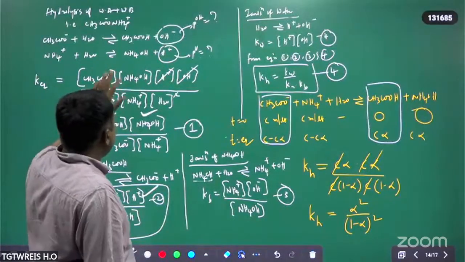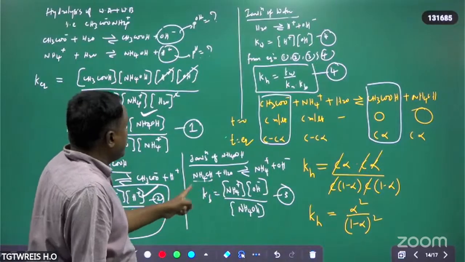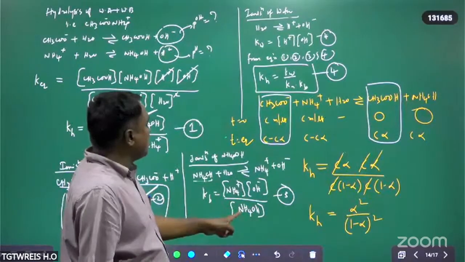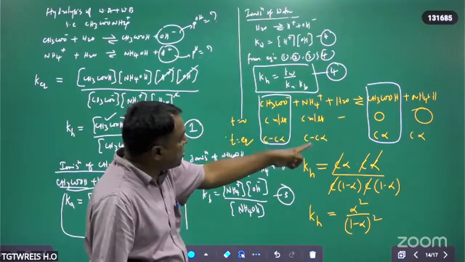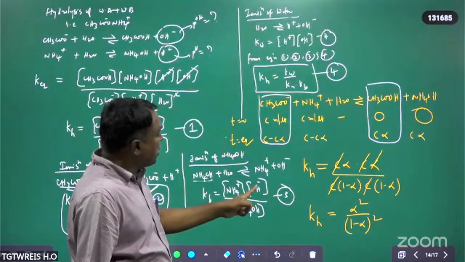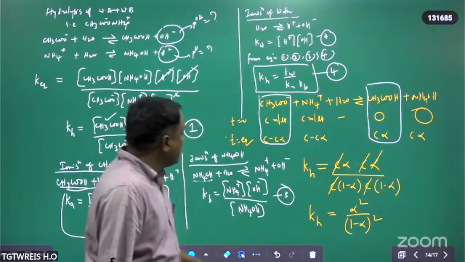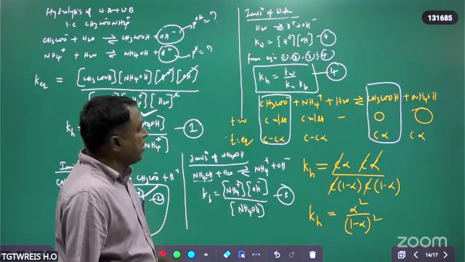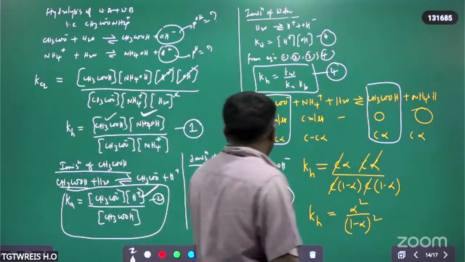So Kb is equal to NH4 plus into OH minus ion by NH4OH. NH4 plus is C minus C alpha, NH4OH is C alpha. So Kb is C minus C alpha into OH minus by C alpha.